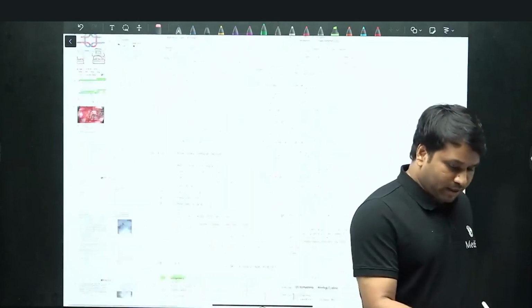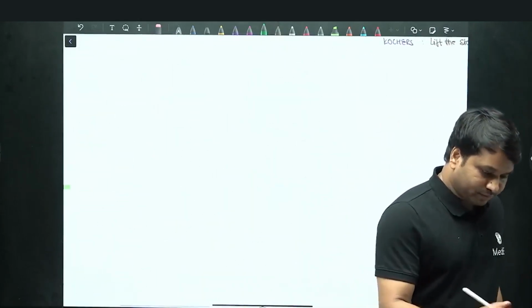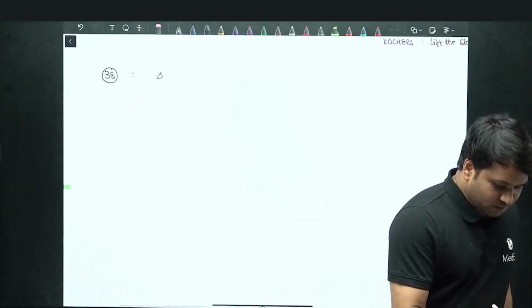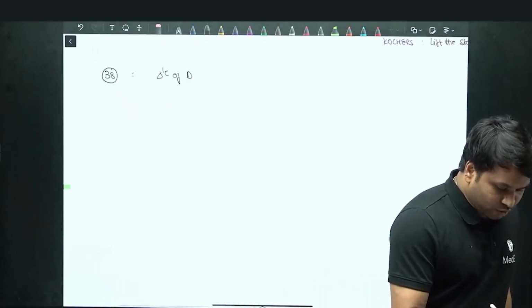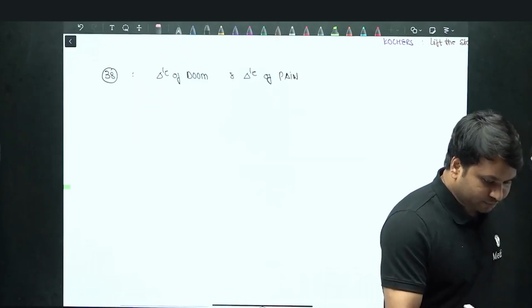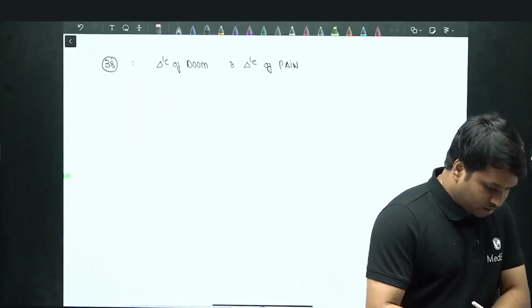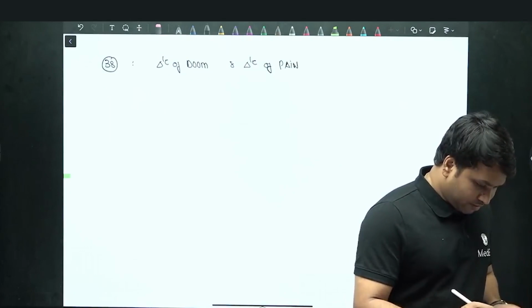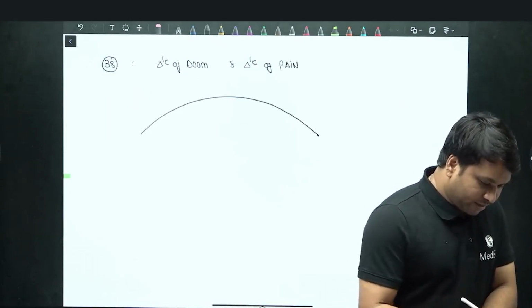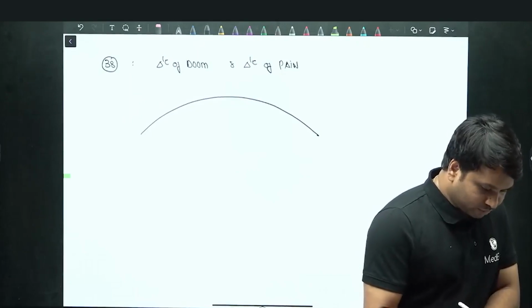So quickly looking at question number 38. So the triangle of doom, and then you have the triangle of pain. Now if you look at the whole component, this will be the abdominal wall.